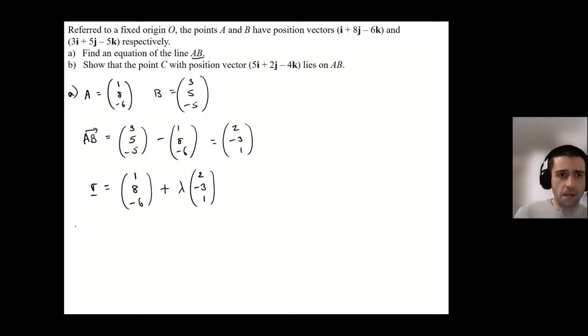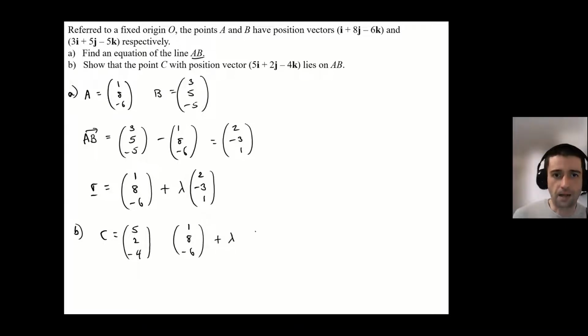Okay, part B, we're going to show that the point C, which has position vector 5, 2, negative 4, lies on that line. So as in the previous example, I need to show that there's a consistent value of lambda that would work. And just for the sake of variety, I'm going to show this a slightly different way.